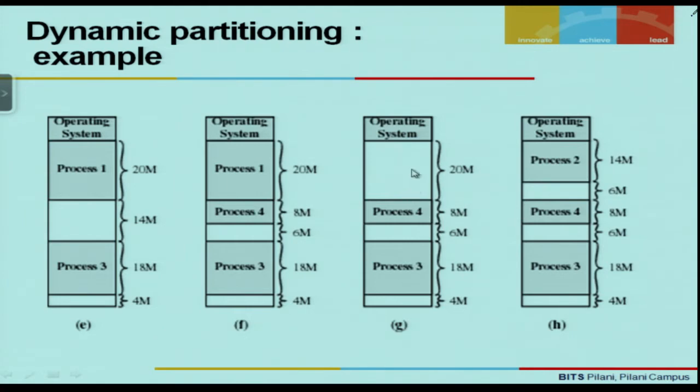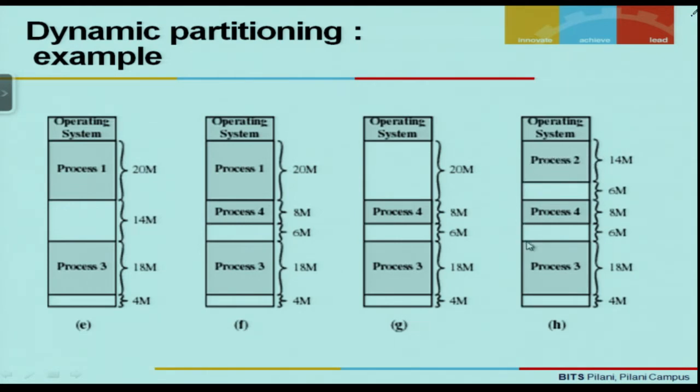In the next step, we show that process 1 has perhaps completed its job, freeing up 20 megabytes of memory, and since enough memory has been freed up, process 2, which was a swapped out process put onto the hard disk, can be swapped in.